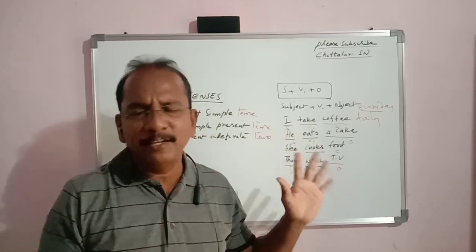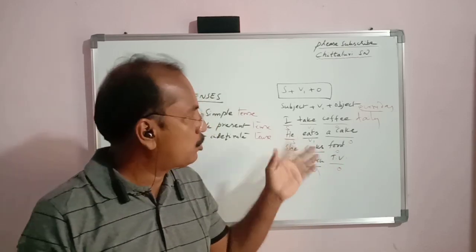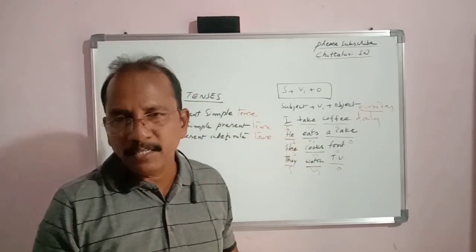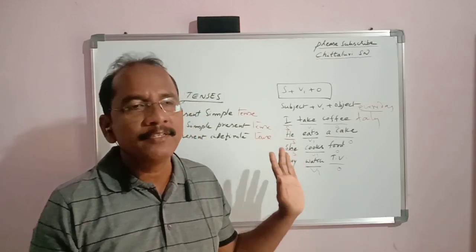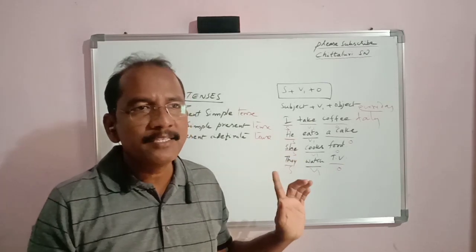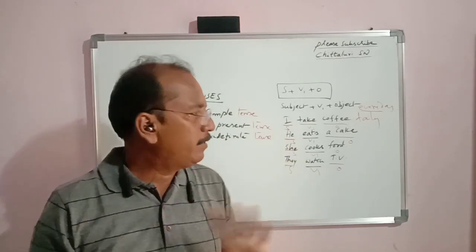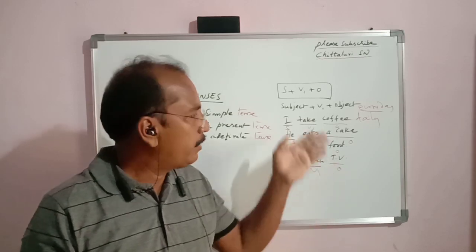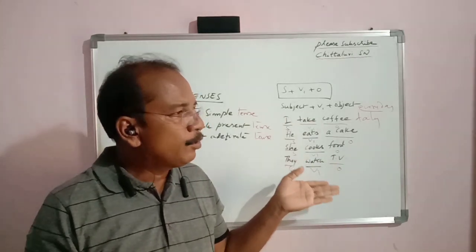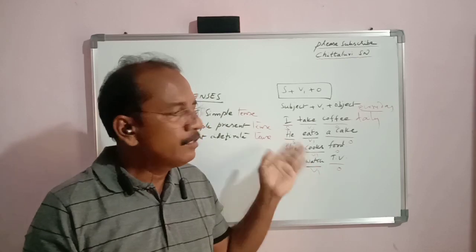So many other uses are there related to this particular tense, which is the first tense in the course of your tenses learning. It's very, very important tense. So friends, please remember its form, its structure, subject plus V1 plus object, and you had better learn the uses of it.